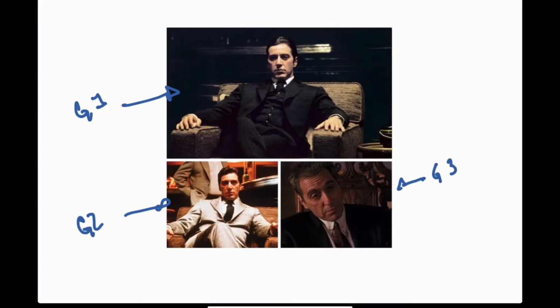So the plot says that, as a sequence of events in the first movie, Michael Corleone became the godfather of the entire Corleone family after Vito Corleone, his father, passed away. At this time, they are still in New York. Now, in the second one, they go to Nevada and they try to change all the business of the family.